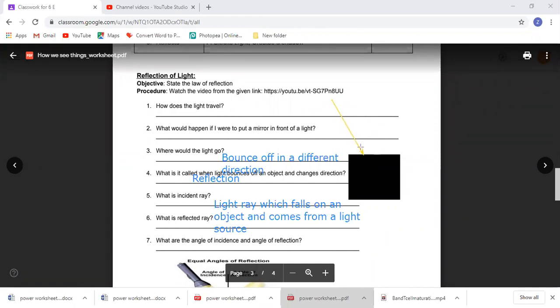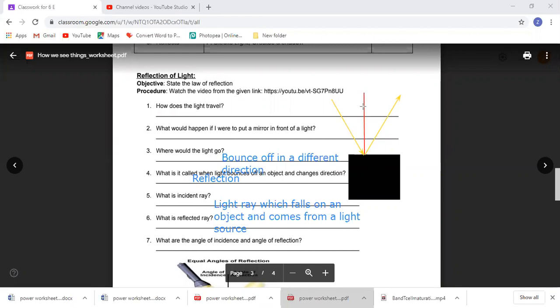When it hits the object, then this light ray is going to get reflected. Now the incident point is the point on which the light ray hits the object. We are going to draw a 90-degree line, that is called a normal. So I'm going to make a 90-degree line over here, a straight perpendicular line, or that is also called a normal.